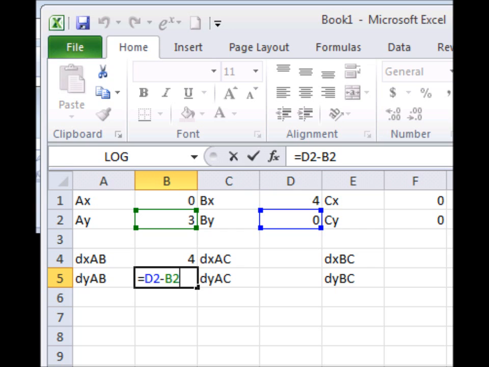And then you go to dyAB, which describes the change in y between points B and A. And you'll do something similar. You put in an equal sign, and then D2, which is where the y coordinate for point B is, minus B2, the y coordinate for point A. So your formula will be equals D2 minus B2, and hit enter.